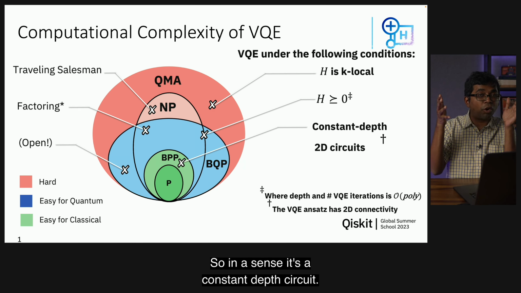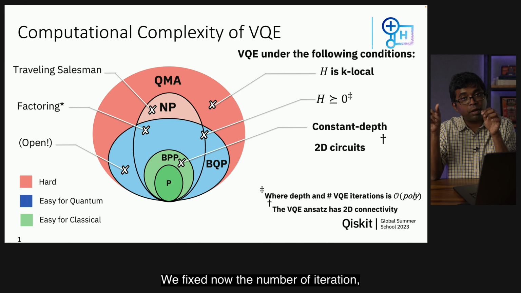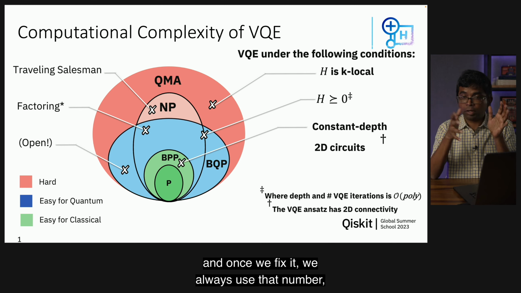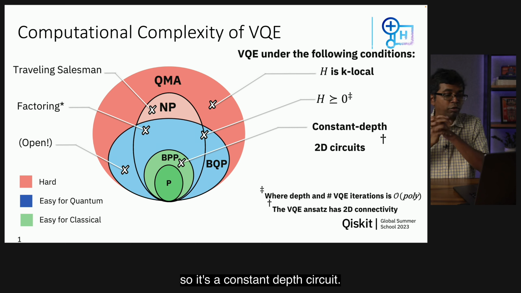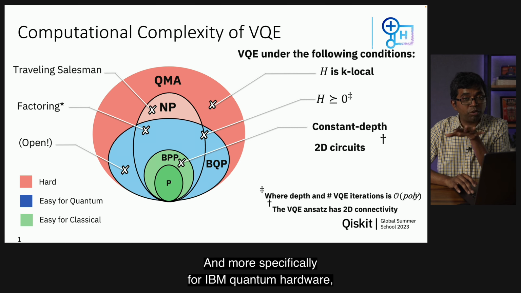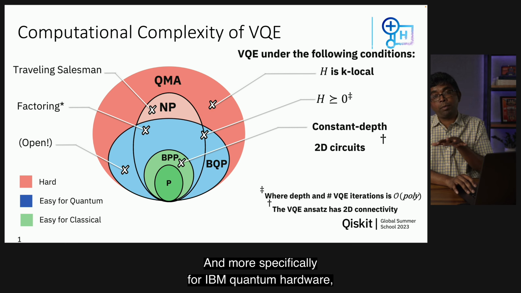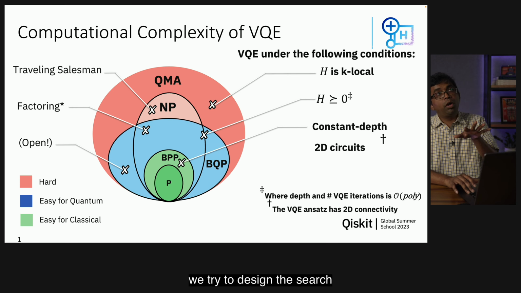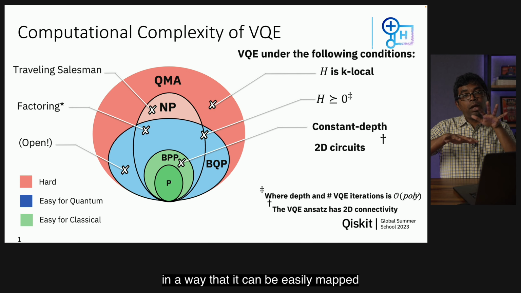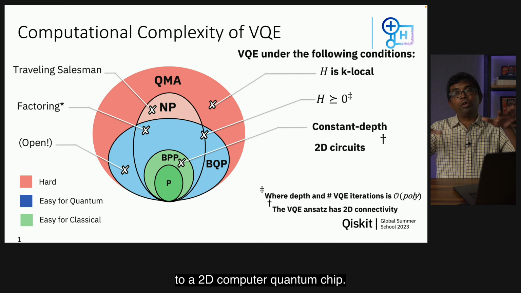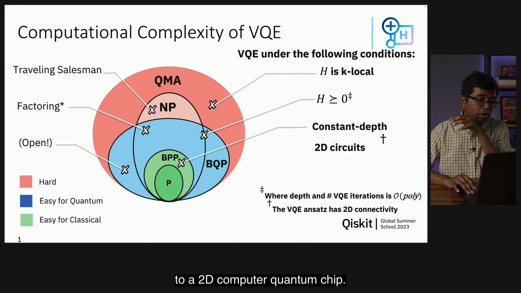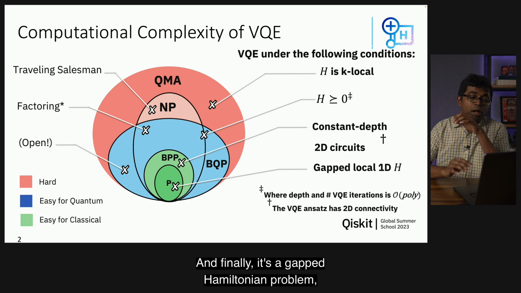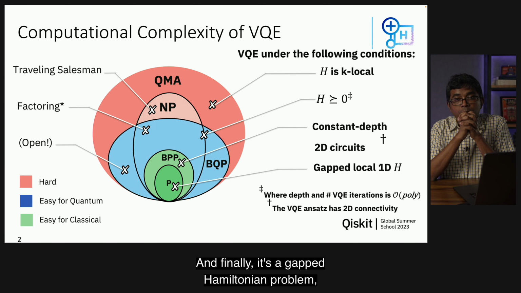So in a sense, it's a constant depth circuit. We fix the number of iterations, and once we fix it, we always use that number. So it's a constant depth circuit. And more specifically for IBM quantum hardware, we try to design the circuit in a way that it can be easily mapped to a 2D quantum chip. And finally, it's a gapped Hamiltonian problem.